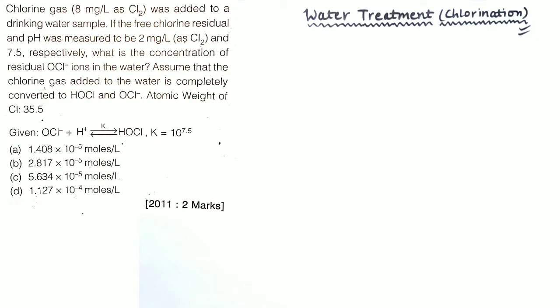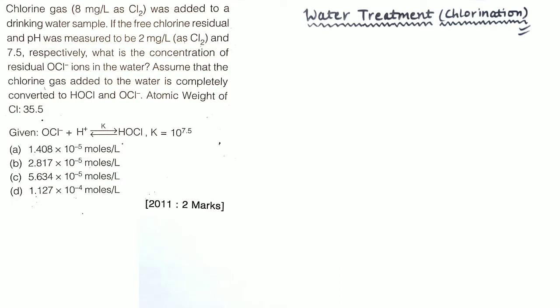The first question says that chlorine gas, 8 mg as Cl2, was added to a drinking water sample. If the free chlorine residual and pH are measured to be 2 mg per liter as Cl2 and 7.5 respectively, what is the concentration of residual OCl negative ions?